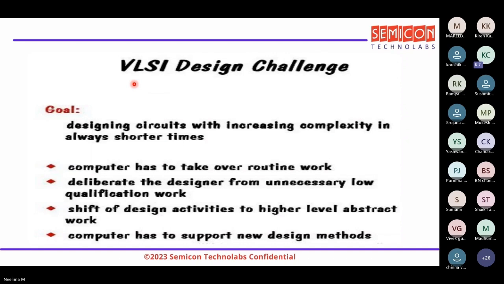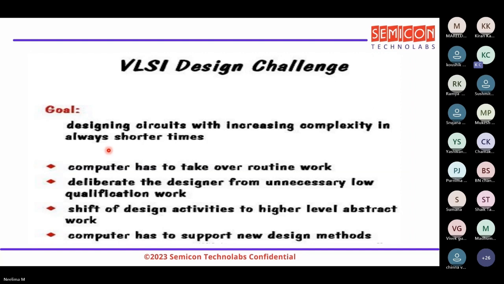Okay. All right. So let's come back to VLSI design challenges. What is the problem statement here? Designing circuits with increasing complexity in shorter time. This is the major challenge we have. As technology is booming, we are in need of more and more chips, and that too in a short period of time.